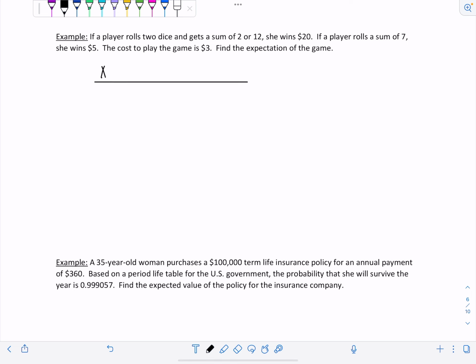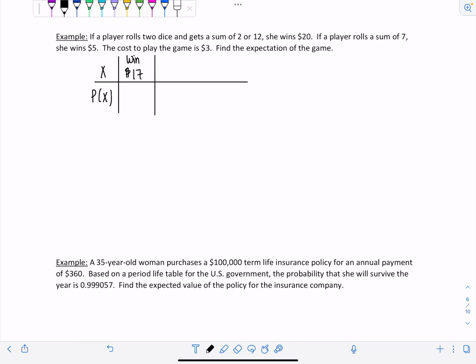So we'll list them, and then we're going to have to compute the probabilities because they didn't give that to us either. So say you win $20, right? Your net winning really isn't $20 because you had to pay $3 to play the game. So what's your actual profit if you won big, $20? It's 17, right? Because you have to subtract the $3 that you paid to play.